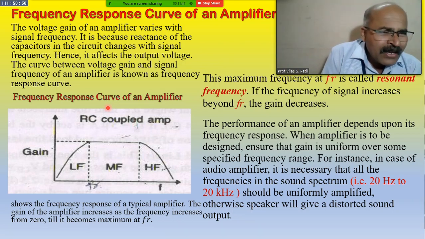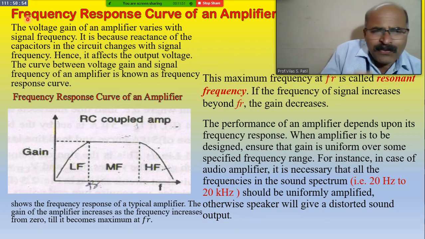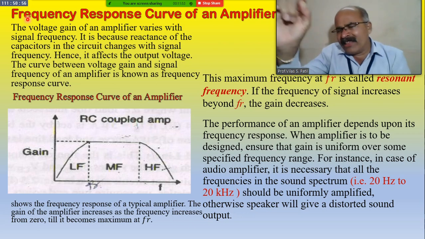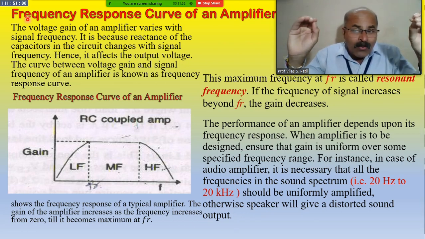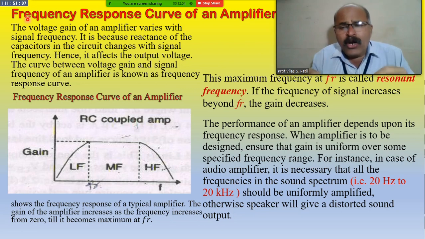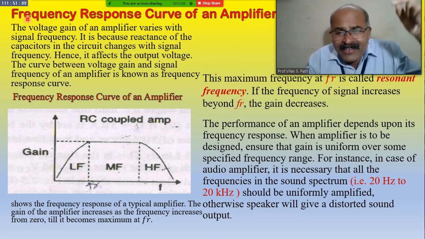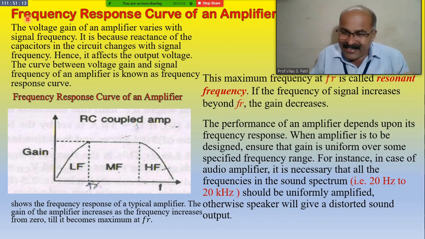See here, what is the frequency response curve? Just from the name, everything is in the name, friends. That is frequency response curve. Curve is the graph. And if we want to draw a graph, there is a necessity of two axes: one is the y-axis, another is the x-axis.